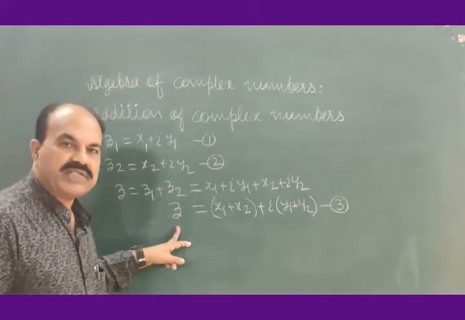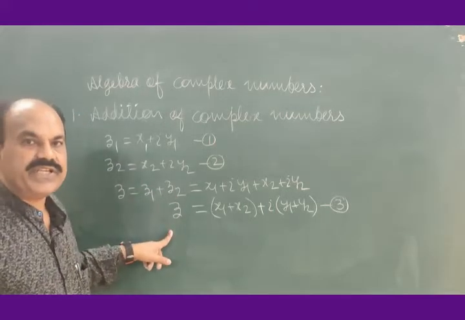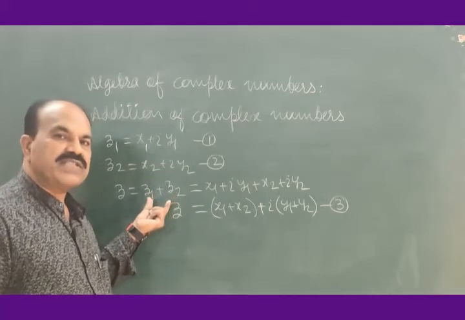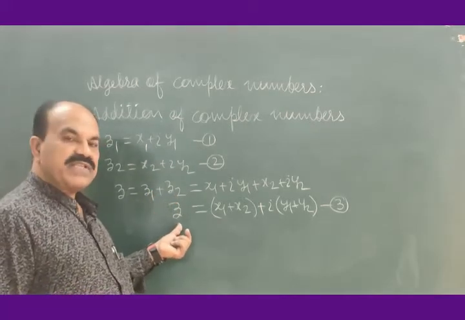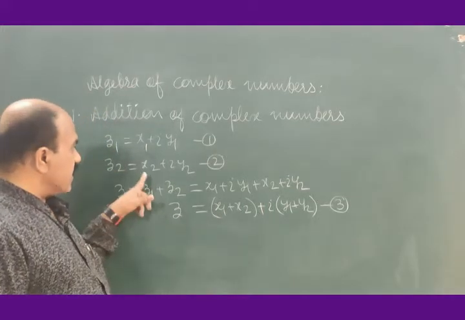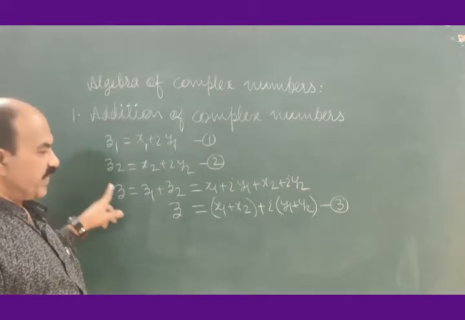Z is also a complex number. It is sum of two complex numbers. Z is a complex number which is the sum of these two complex numbers. This complex number Z is such that its real part is sum of real parts of complex numbers Z1 and Z2.